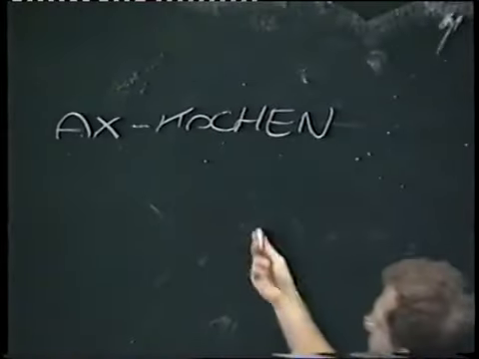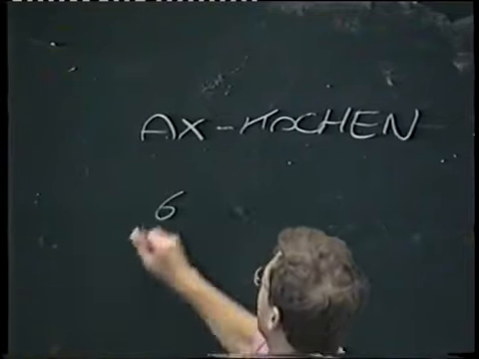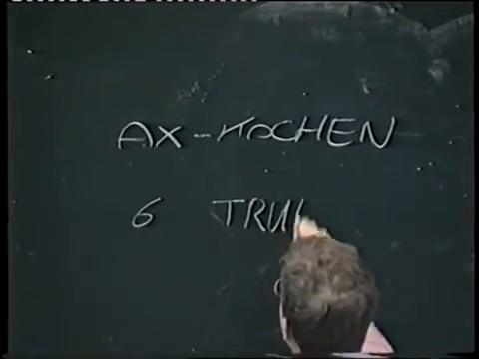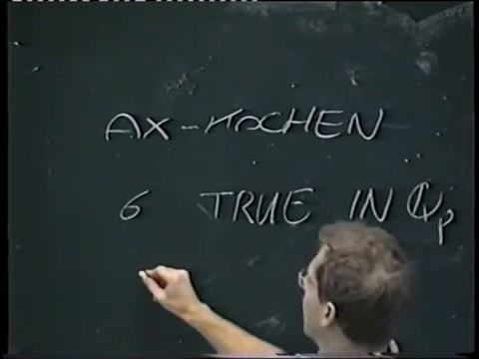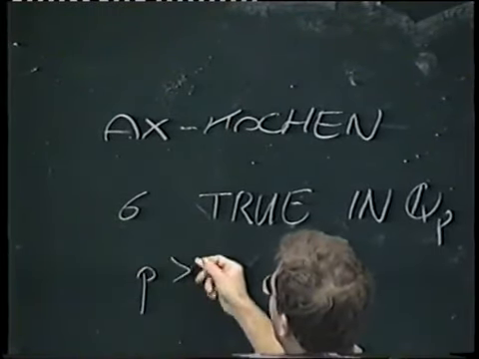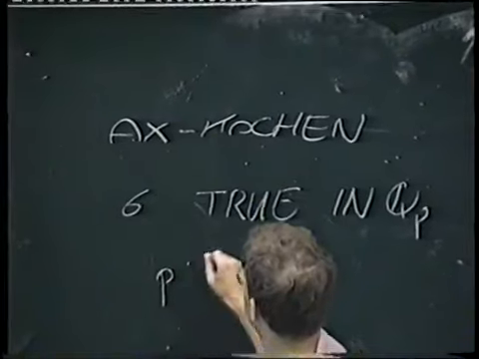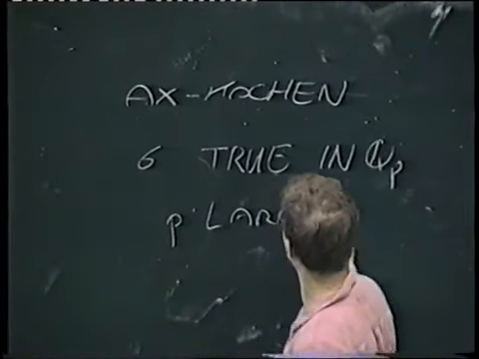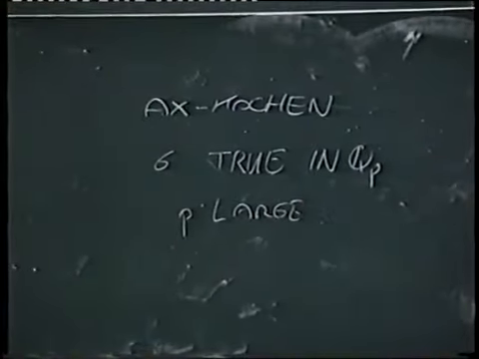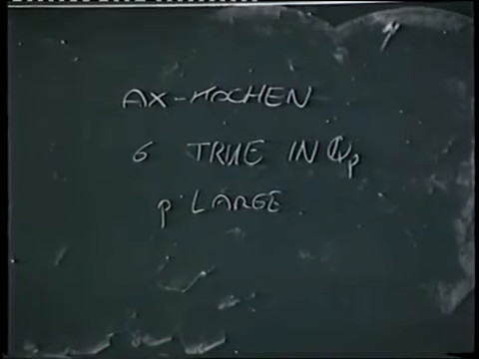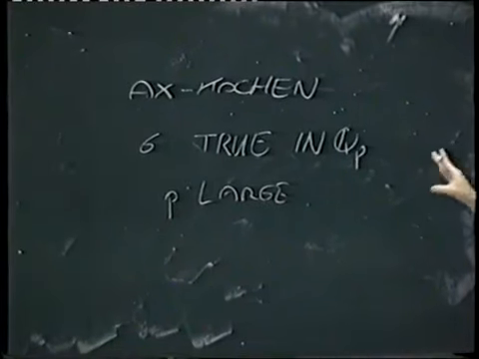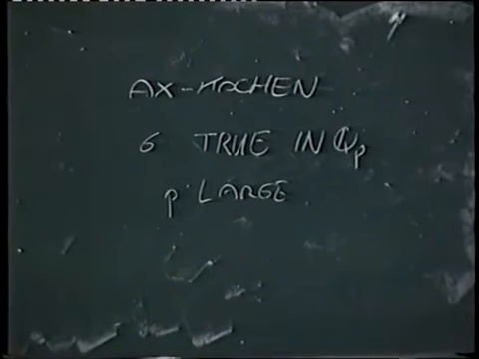It says that some sentence, which was conjectured by Artin, is true in the p-adics for all large p. It's asymptotically true. Actually, Artin conjectured that it was always true, and that's false. That came later, but the correct statement is that it's asymptotically true.